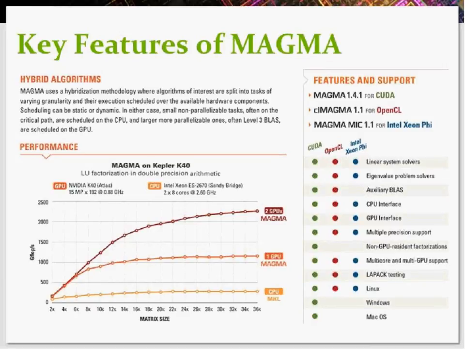If you add a single GPU, suddenly your performance is about 12 times higher. So that's significantly faster, just by adding one GPU. Again, you see that it scales very well. And from the functionality on the right, it is related to CUDA, OpenCL and the Xeon Phi.